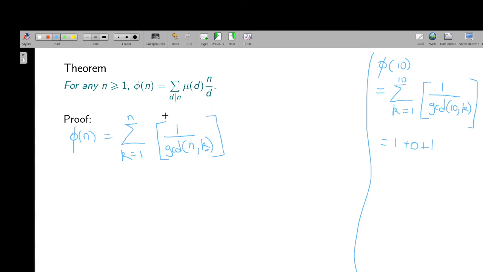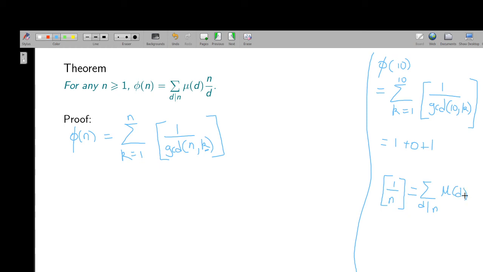Now, what is the greatest integer of 1 over n? We have proved earlier that the greatest integer of 1 over n is the summation over d divides n of mu d.